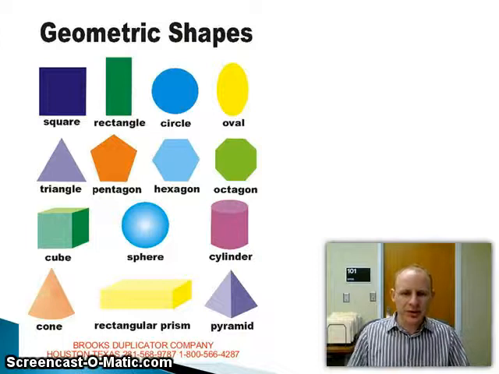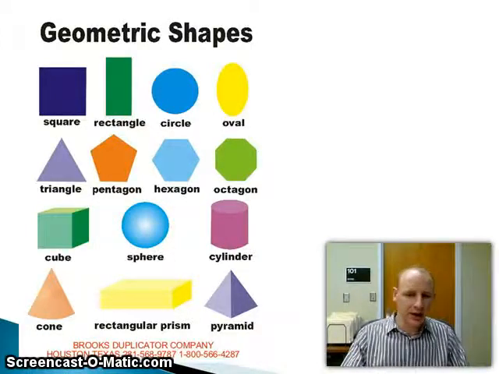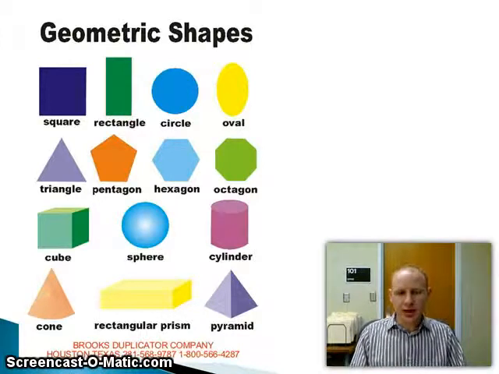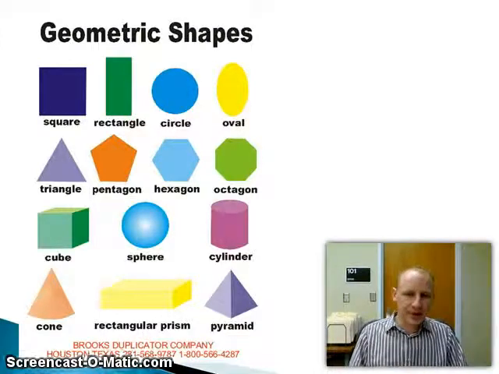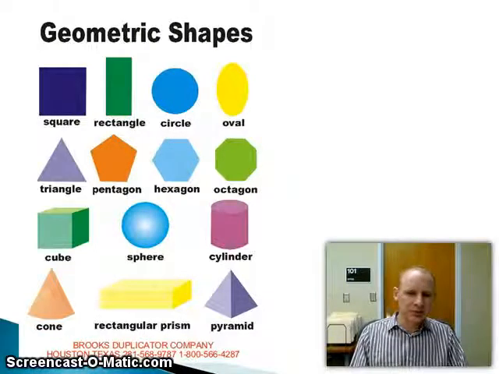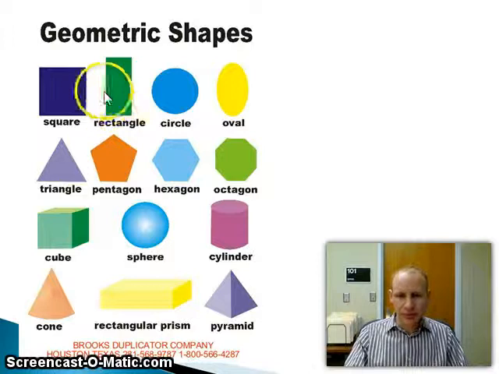So here you can see just a broad overview of the basic geometric shapes. And it's interesting as you actually study the geometric shapes, considering the angles and the types of lines and all of the consistent components of those things that are in place. Meaning, for example, that here we might have a square, and we can have a square in a lot of different shapes and sizes, meaning it can move into a rectangle.